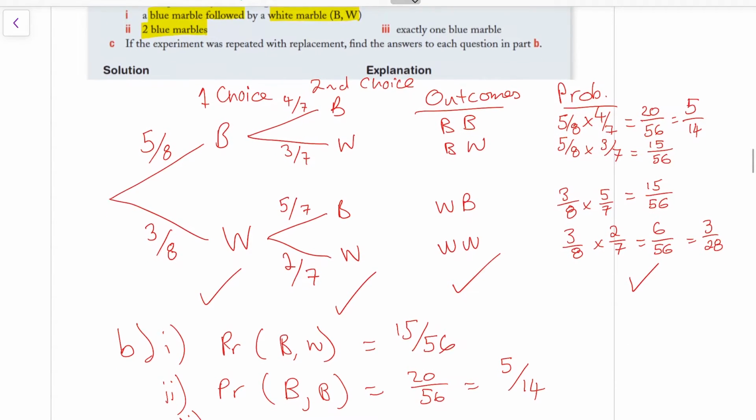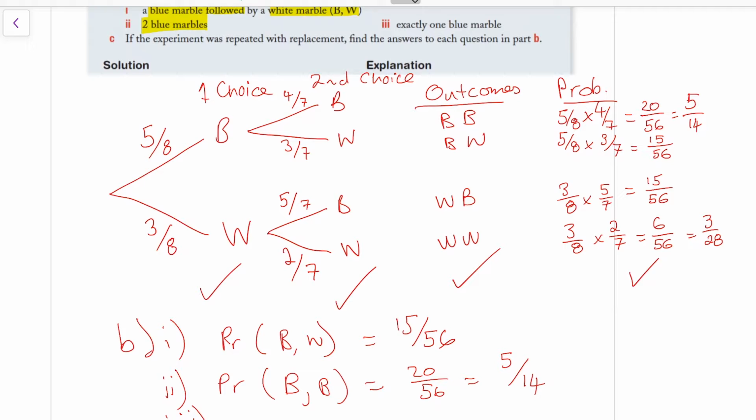Last one, exactly 1 blue marble, but it doesn't matter where the blue marble is. So as long as it's 1 blue marble, don't mind where it is. So this is where you get the adding part coming into it.